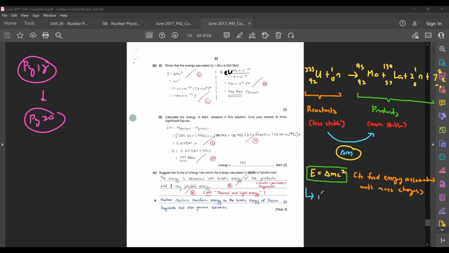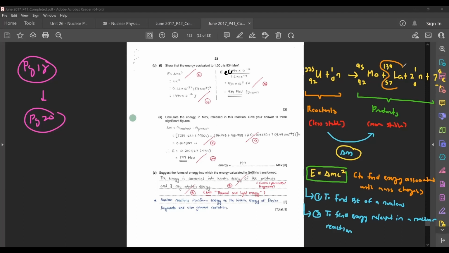This one was to find the BE of a nucleus. In our current example, we want to find energy release in a nuclear reaction.